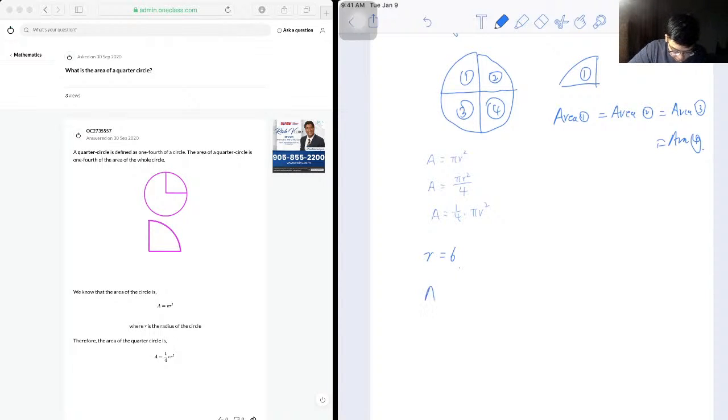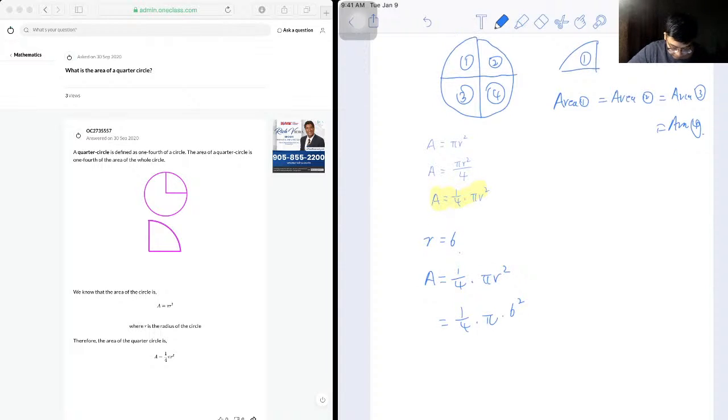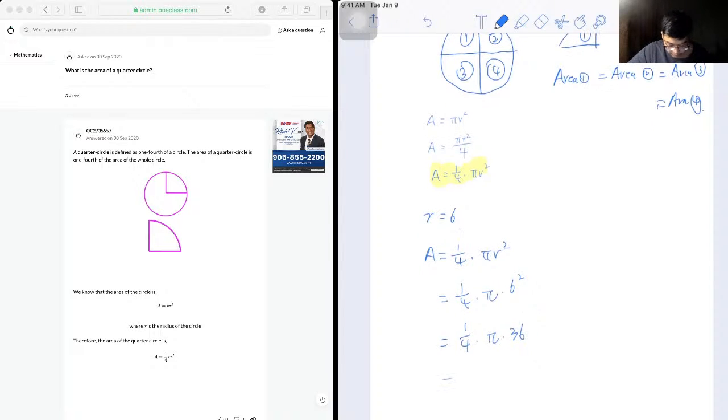So now by applying the formula we have above, area is equal to 1/4 times pi r squared, which will be 1/4 times, since in this case r is equal to 6, so it'll be 6 squared, which is 1/4 times pi times 36. And we put the constants together, it will be 36 over 4 times pi, which will be 9 pi. That's our final answer.